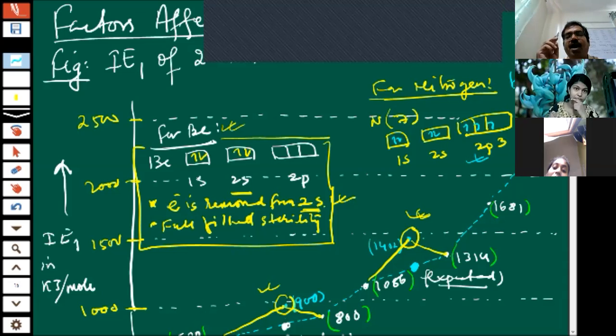And whenever a particle is in a stable condition, it is difficult to make it unstable.